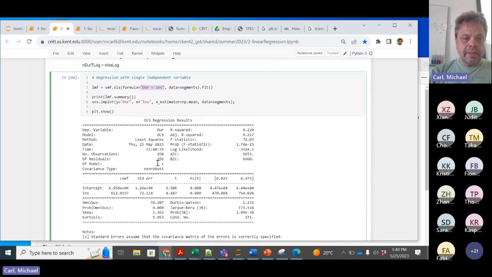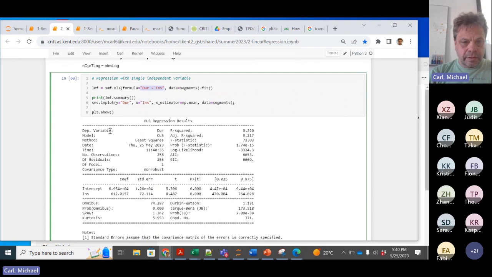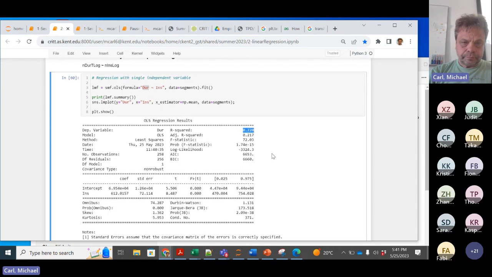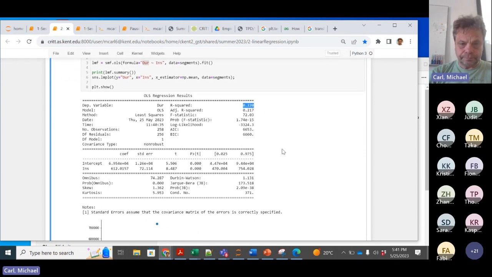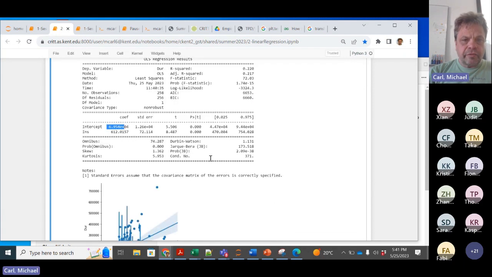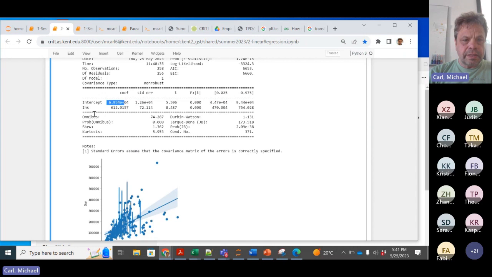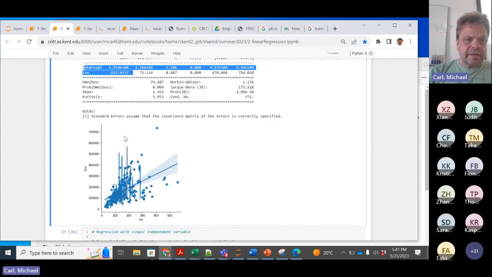Okay, and the way this is to be interpreted here, we can see how well this model explains the R square, which is not so bad, but it's also not really very good. And the interesting information here are these 2 columns, which is the intercept and the slope.